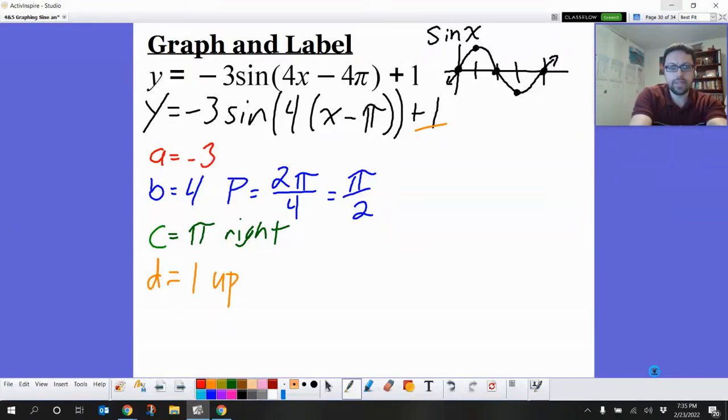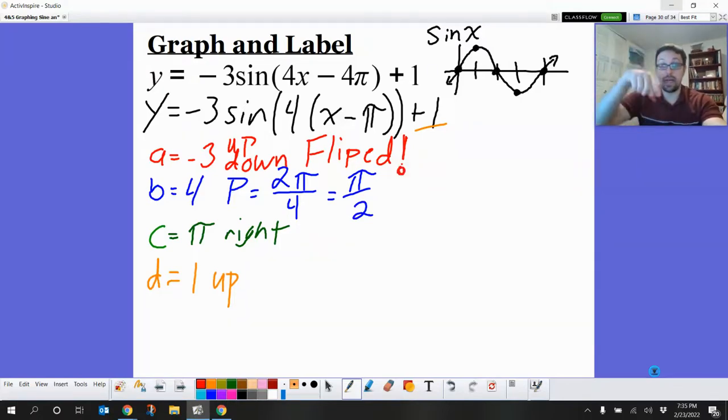So let's see, that is going to be up and down 3, but it is going to be flipped because it's negative. So we'll just have to remember that rather than going up first, we're going to go down first. So we'll just kind of make a little adjustment up here for that flip. So we'll go like that instead.